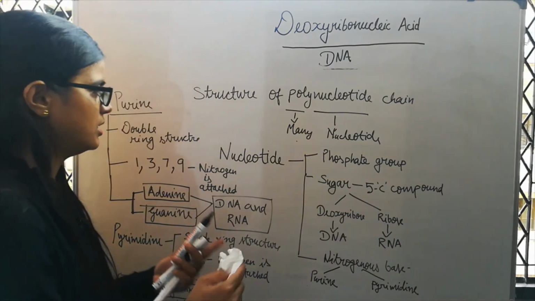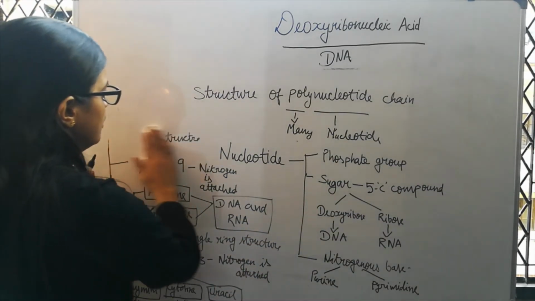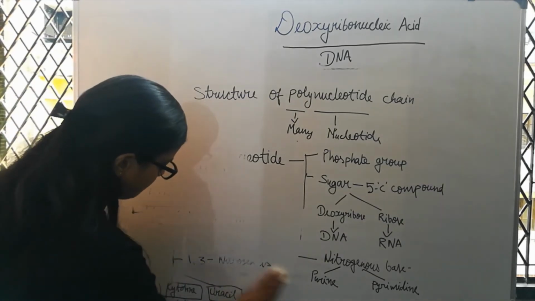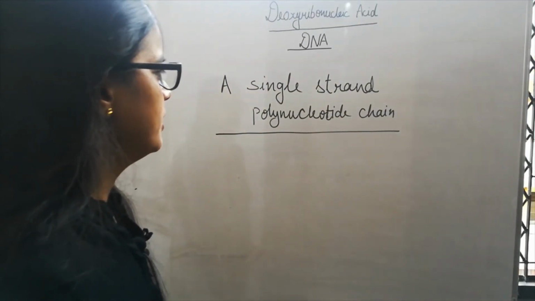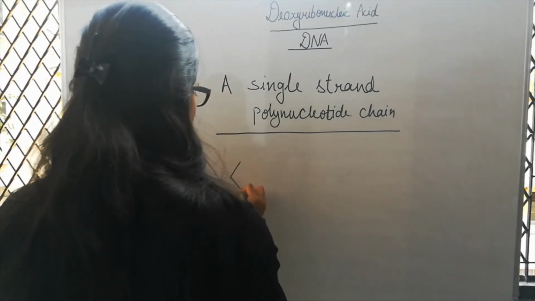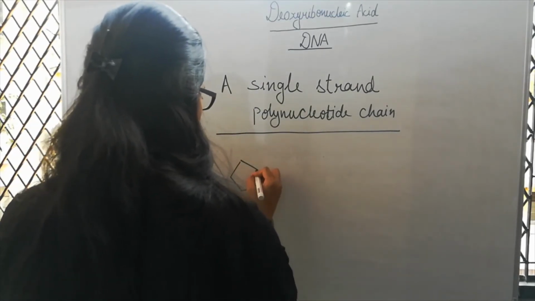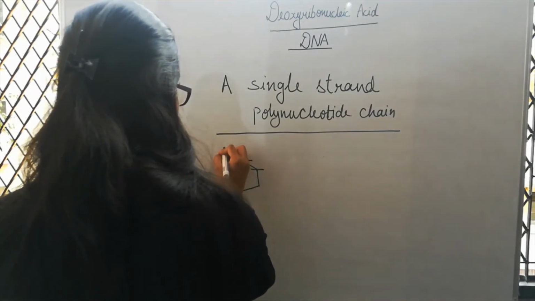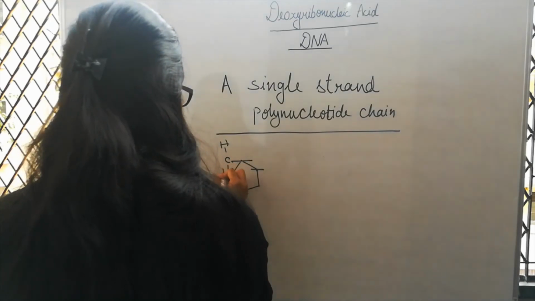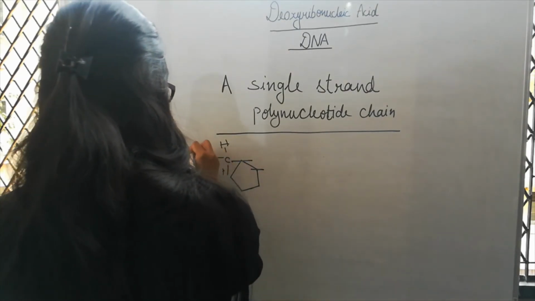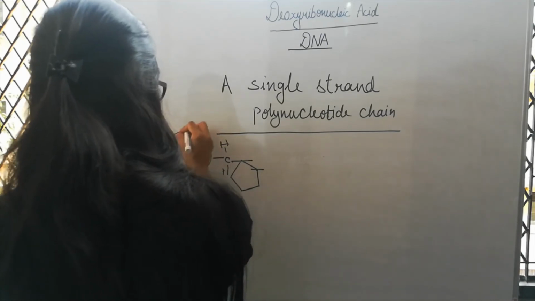Let us see the structure of a single strand of polynucleotide chain. This is the sugar, complete sugar, and there is phosphate, and this is the 5' end.